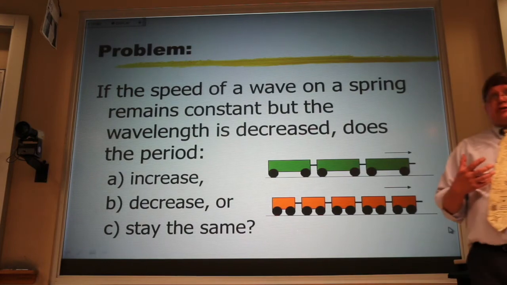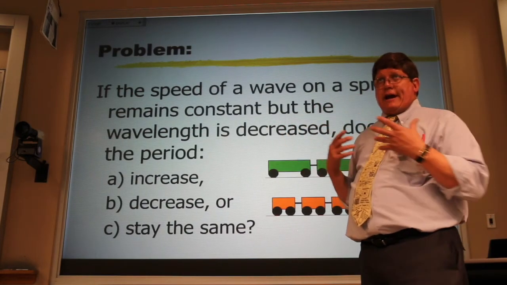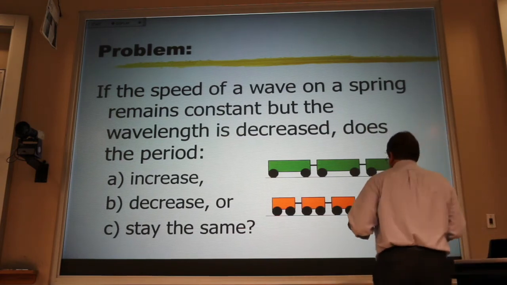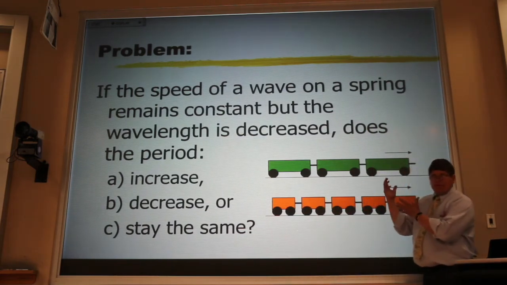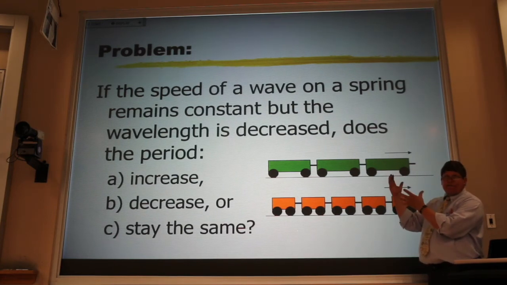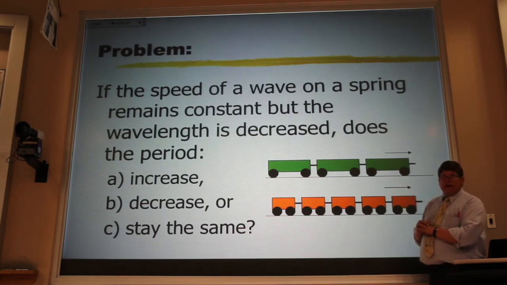Again, if we use this analogy of the train, it becomes clear what the correct answer is. Both of these trains are moving the same speed, let's say 40 miles an hour. They each represent a wave. The length of the boxcars represents the wavelength.